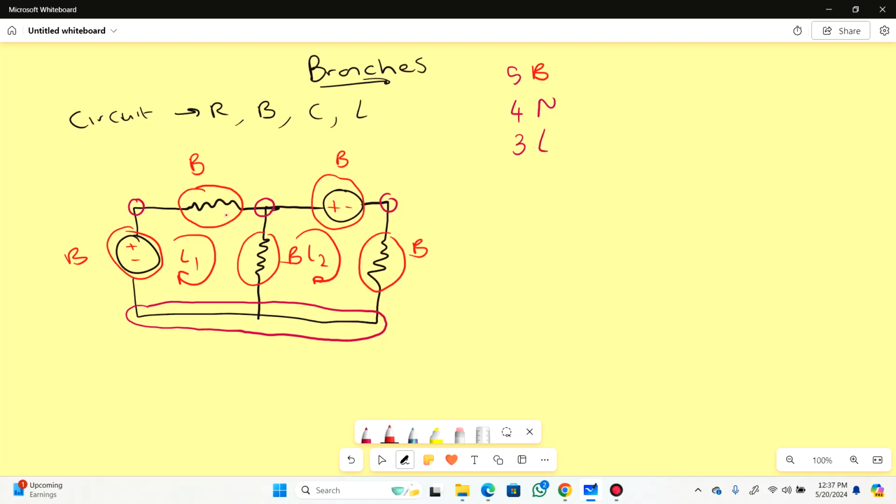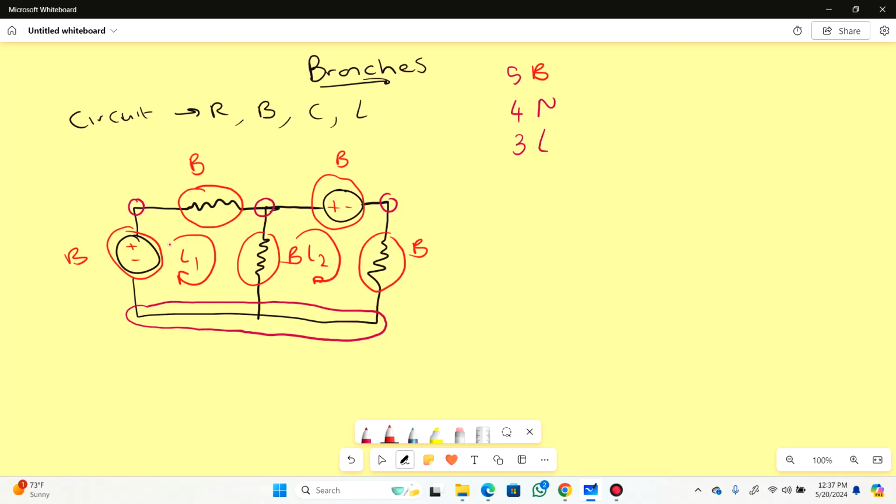If you say this whole thing is an independent loop, then we are wrong, because we do have 2 loops. That means that whole loop there is dependent on these two loops, so it's no longer independent.